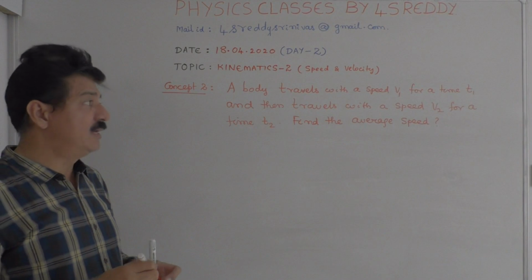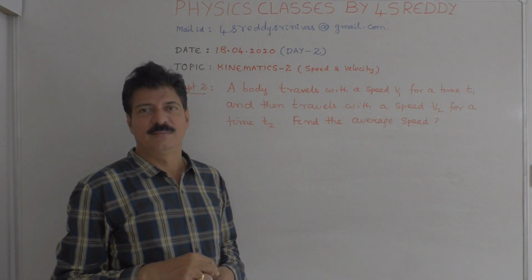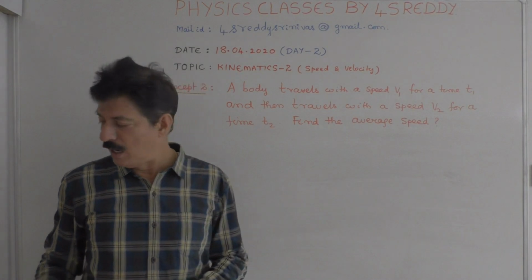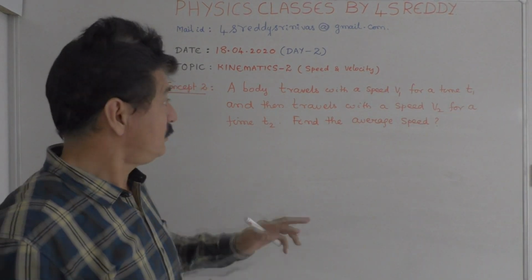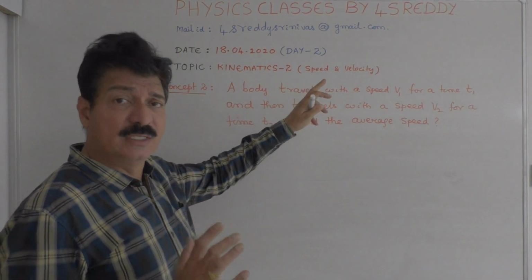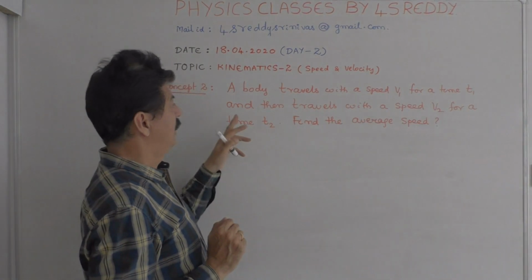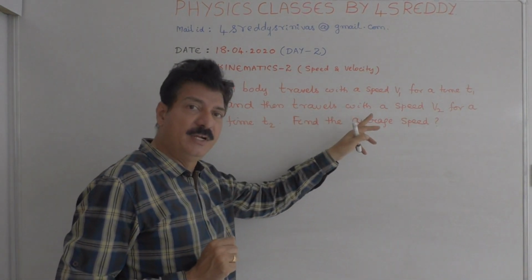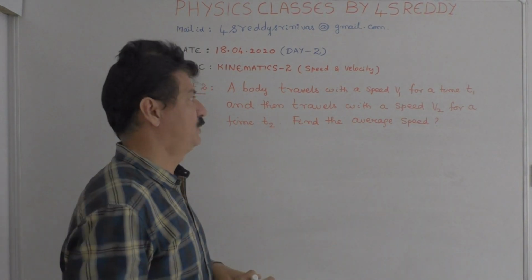This time what are you given? Speed and time are specified. If that is the case, how to calculate the average speed? A body travels with a speed V1 for a time T1 and then travels with a speed V2 for a time T2. Find the average speed.